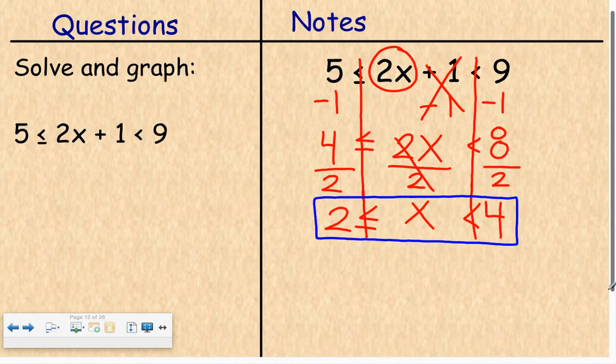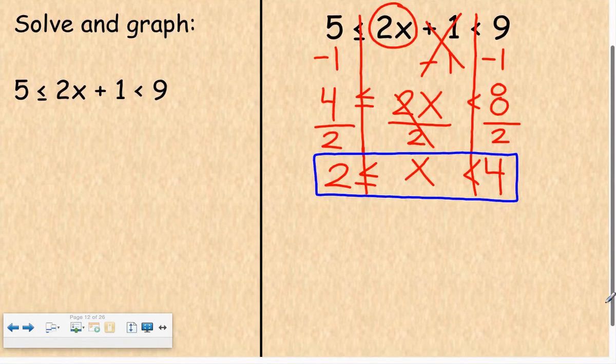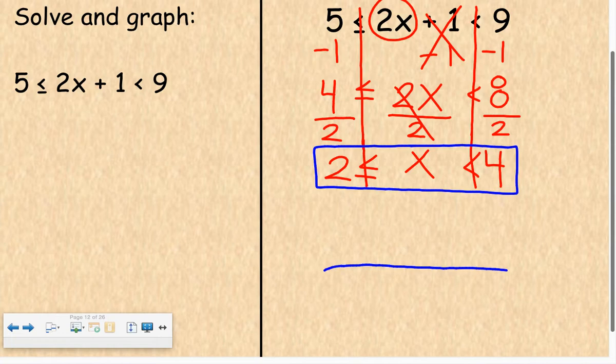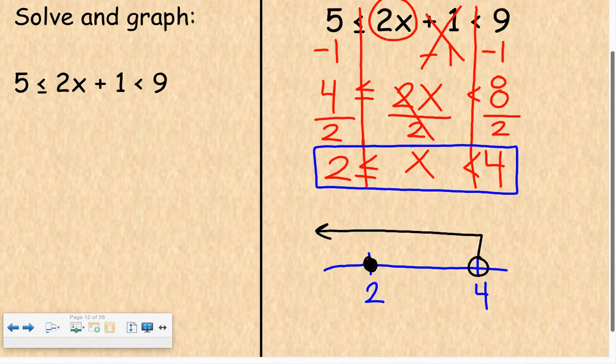And then I'm going to go ahead and graph it. So 2 and 4. Close circle. Open circle. X is less than 4, so that'll go that way.